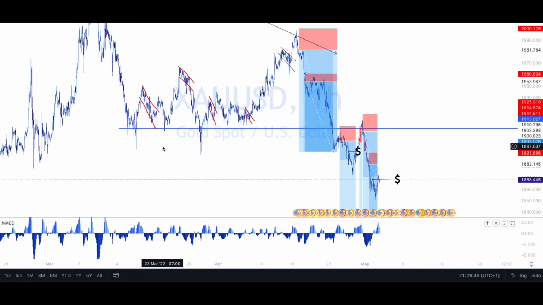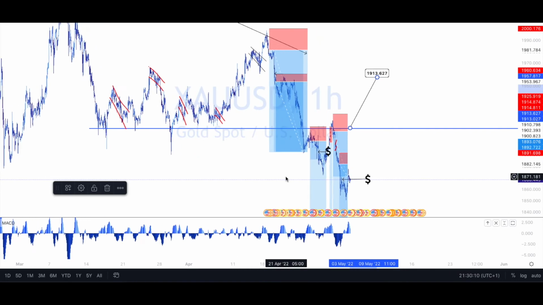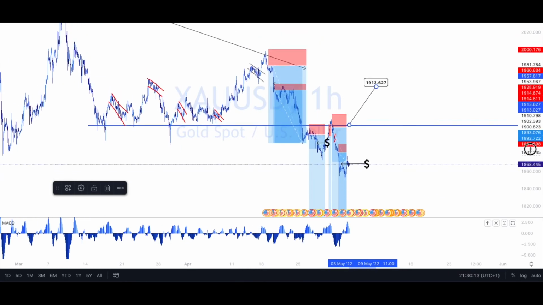So this level over here has broken, which means I am now only looking for sell opportunities until we get a break above this level over here. So that's all I'm looking for. Anything that looks like it's going down, I'm going to jump on.